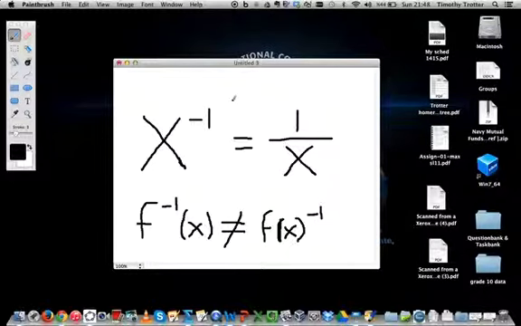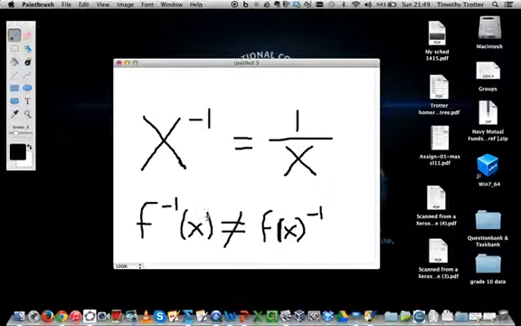We know that this is the notation for a reciprocal function. If this was x to the negative 2 power, it would be 1 over x to the positive 2 power. And so the reciprocal function and the inverse function are two very different things, but the two notations are very similar.